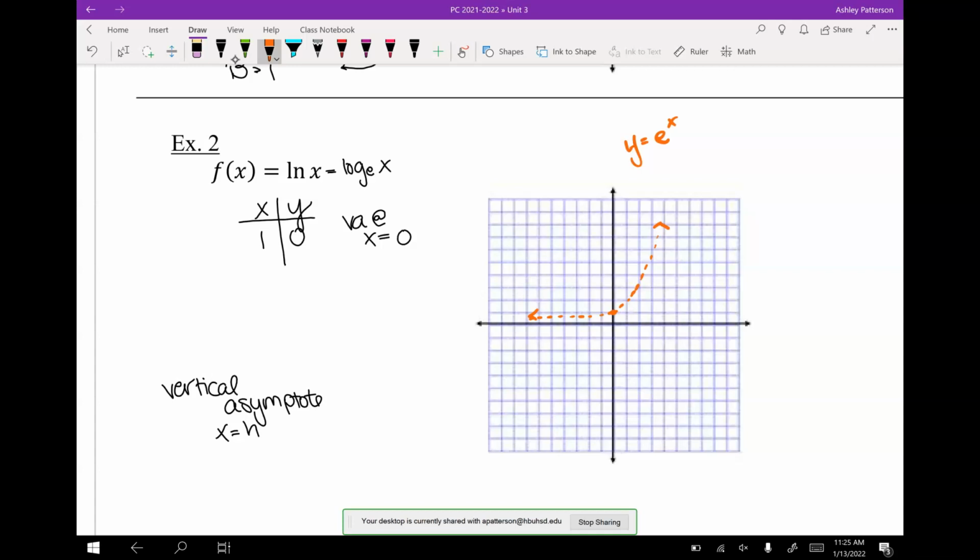If you have 2 functions whose x and y values switch, thus our inverses, they are reflected across the line y equals x. So I'm going to go ahead and just sketch that in, because this is going to help us determine the shape of the natural log function. I'm only doing this once because we haven't seen it yet, all right?